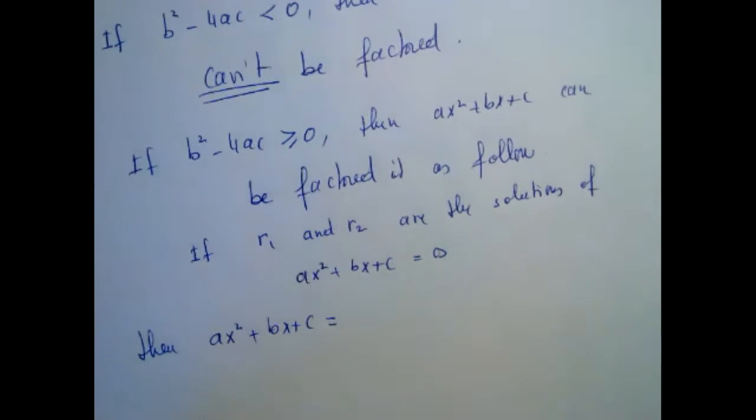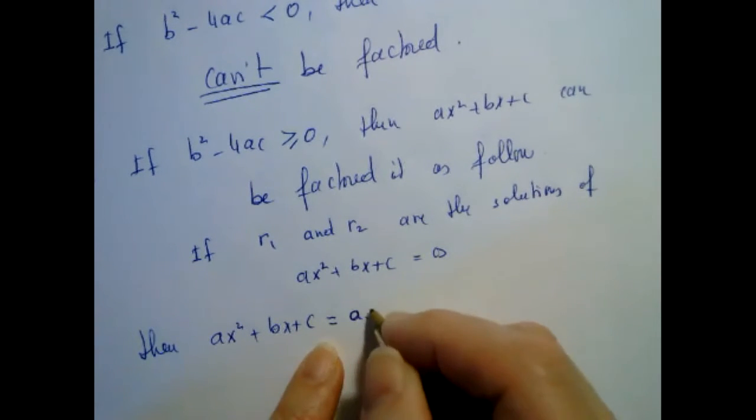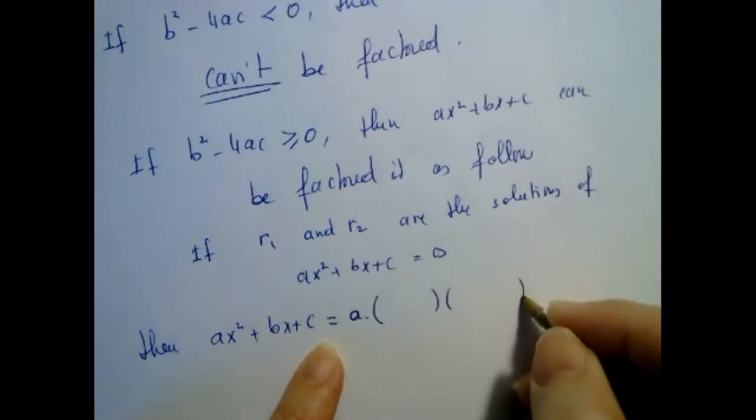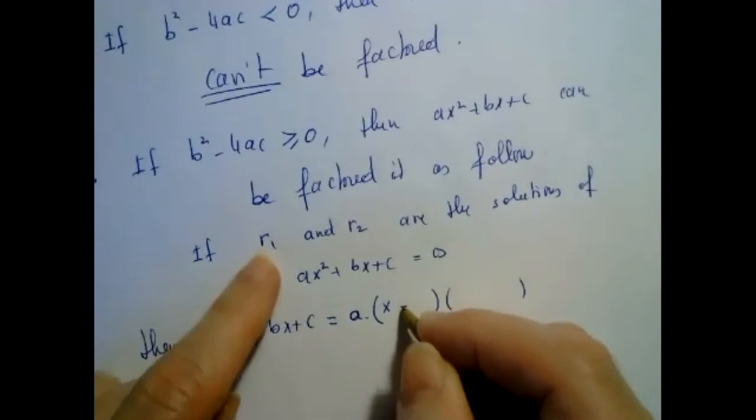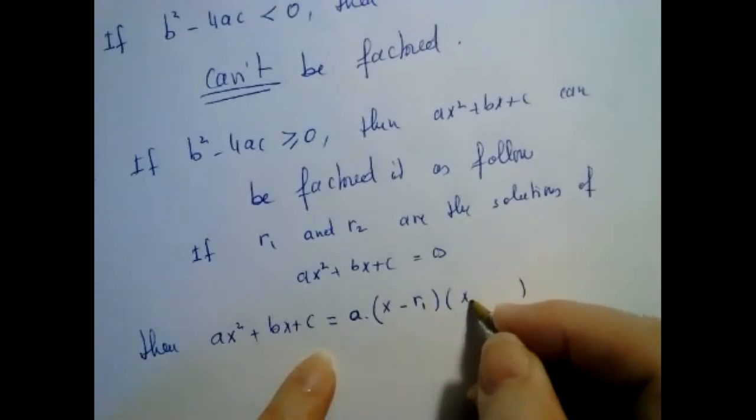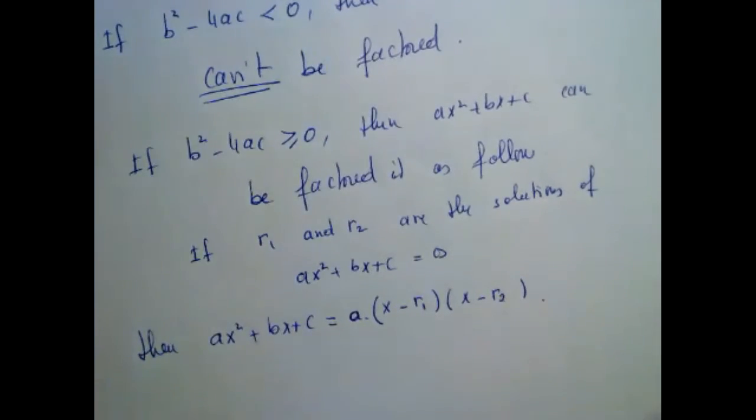It is factored as follows: a times (x minus your first solution)(x minus your second solution).